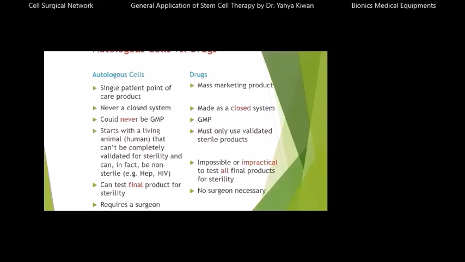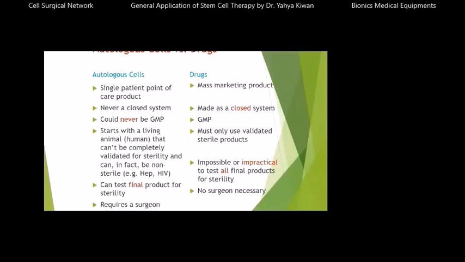Okay, so what is the difference between autologous cells and a drug? Autologous cells are a single patient point of care product, while a drug is a mass marketing product. Stem cell production or autologous cells are never a closed system, while drugs are made in a closed system.